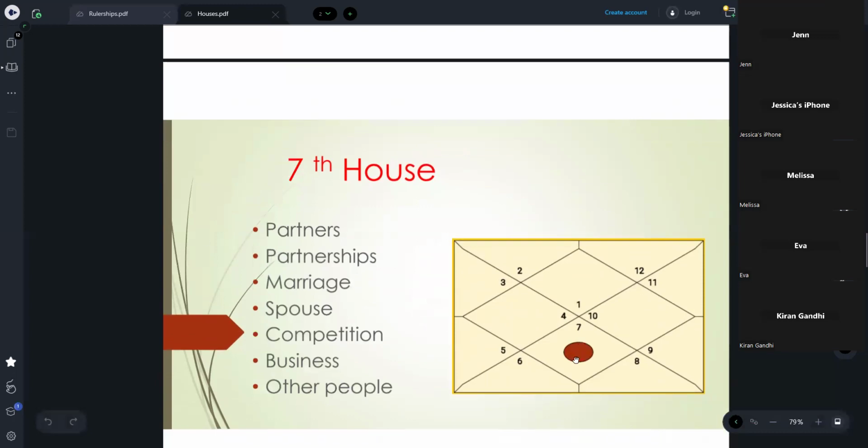So someone's come to you and asking, hey, I've opened this business, it is doing horrible, I'm not getting anywhere with this, what's going on? And you see that the time period they're currently going through is not supportive of the seventh house. In fact, it's supportive of the sixth house.